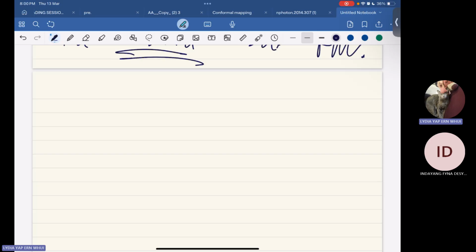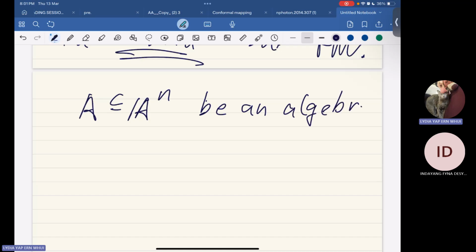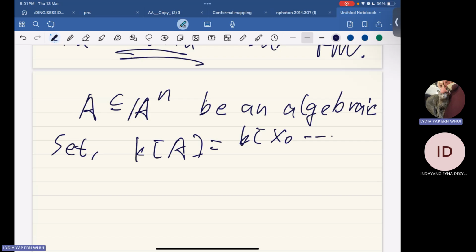We define: if A in A^n is an algebraic set, then its coordinate ring is defined by K[A] equals K[x1 to xn] quotient by I(A), right? This is the definition of the coordinate ring in A^n.